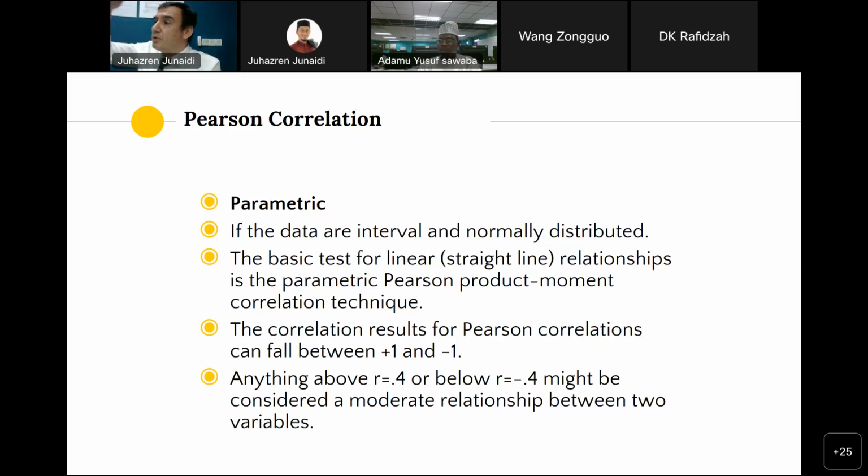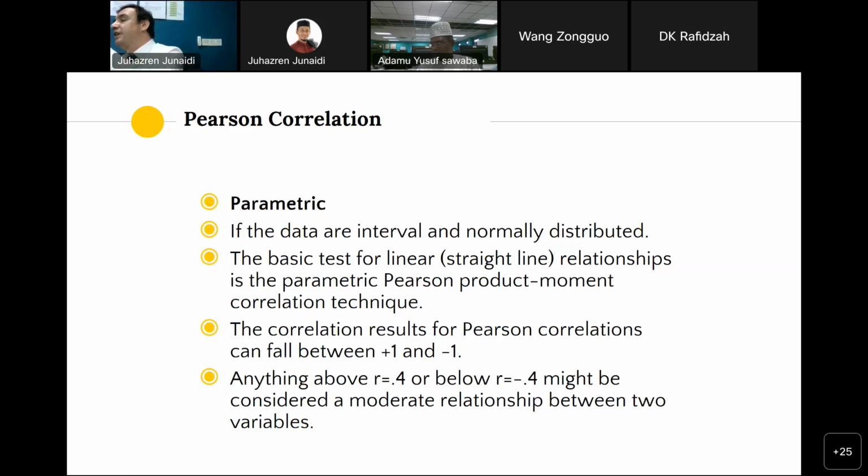Can you think of negatively correlated? When one is increasing, the other one is decreasing. Yes, they are really correlated, but it's negatively correlated, in different directions.